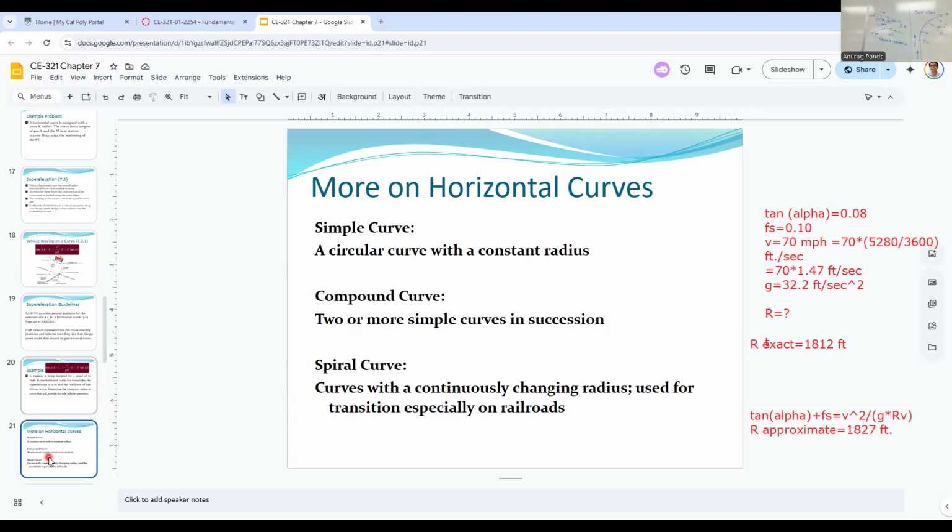And then the spiral curve, which is typically used only for railroad design, because trains are much longer and you have to provide a transition from the straight segment to a curved segment. You design that transition using a spiral curve. Again, we're not going to design all of that. If you're interested, C422 is your class.